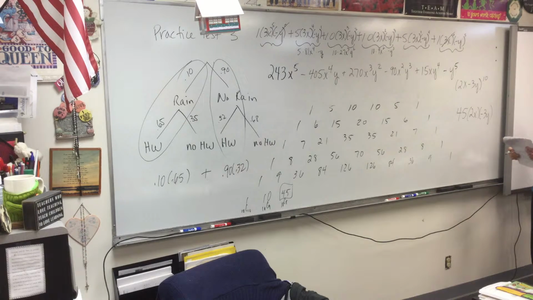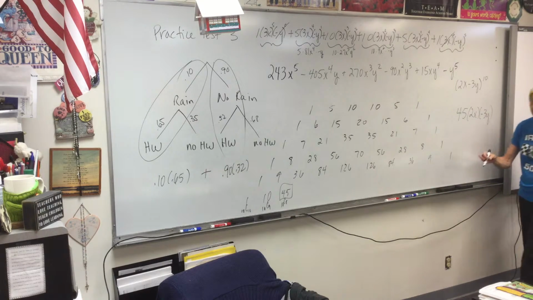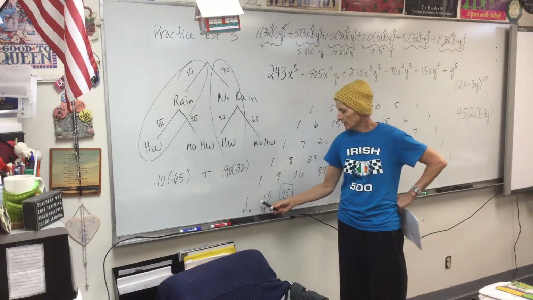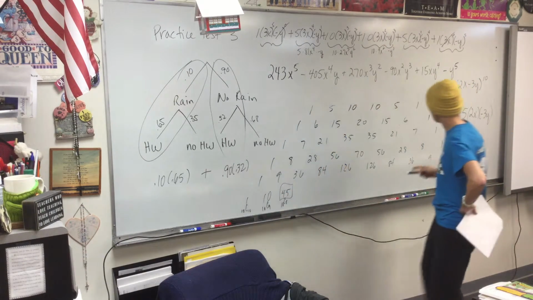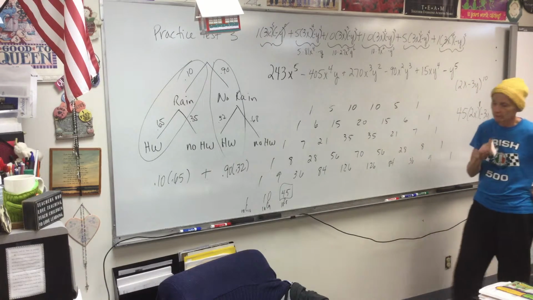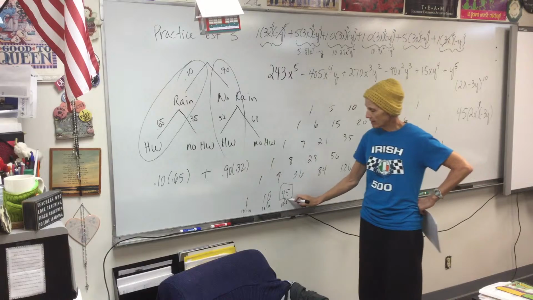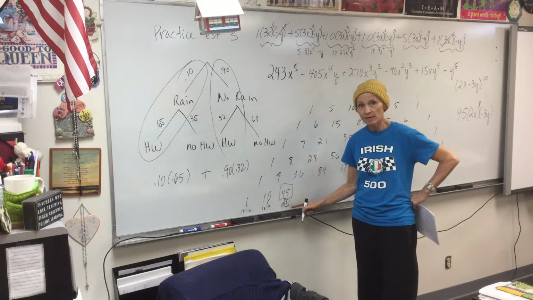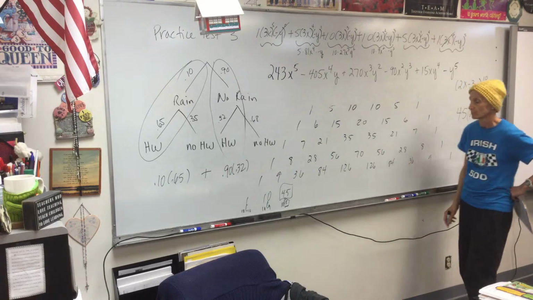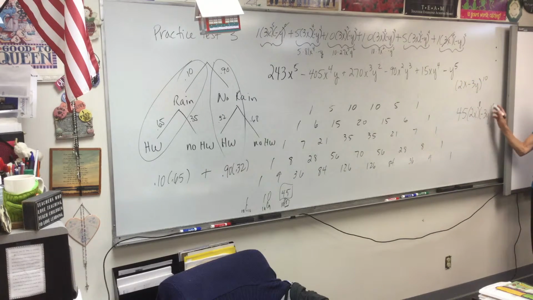Now the power on the 2x, I have to count down. So here it would be 10, here it would be 9, here it would be 8. By the way, we talked about this in class too. That number right there, if you do this as combinations, 10C8, that's going to be your exponent right there. If that's an 8, this is a 2, because those have to add up to 10.